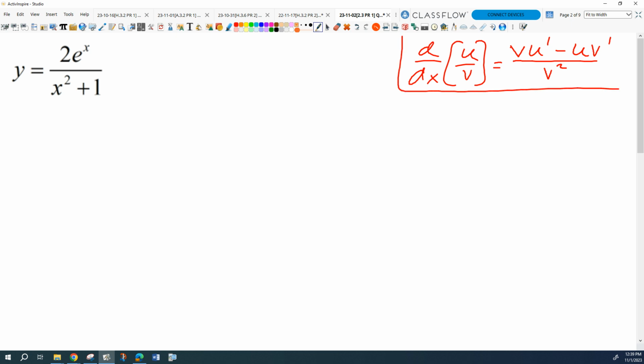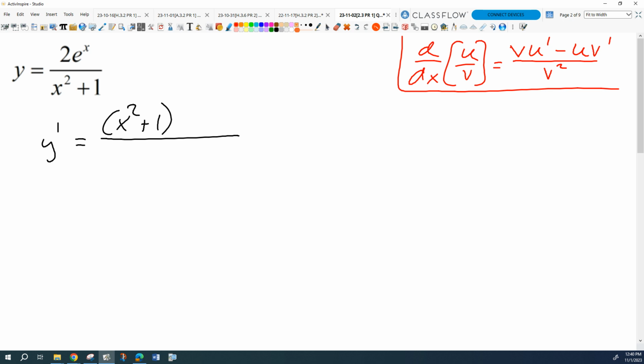Okay, there it is. So let's apply our quotient rule here. Here's y. So what is y prime? Okay, good. Low, right? So low is x squared plus 1 times. Everybody agree?